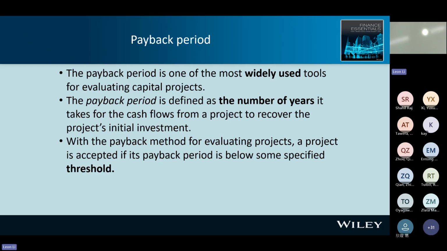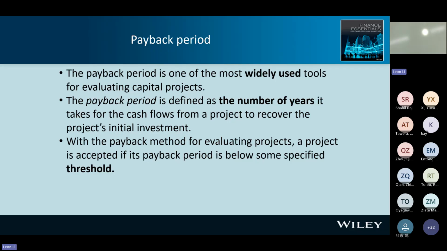When using the payback method for evaluating a project, a project is accepted if the payback is below some specified threshold. For example, your threshold could be 3 years. If your payback is lower than 3 years, then accept the project. Otherwise, reject the project.